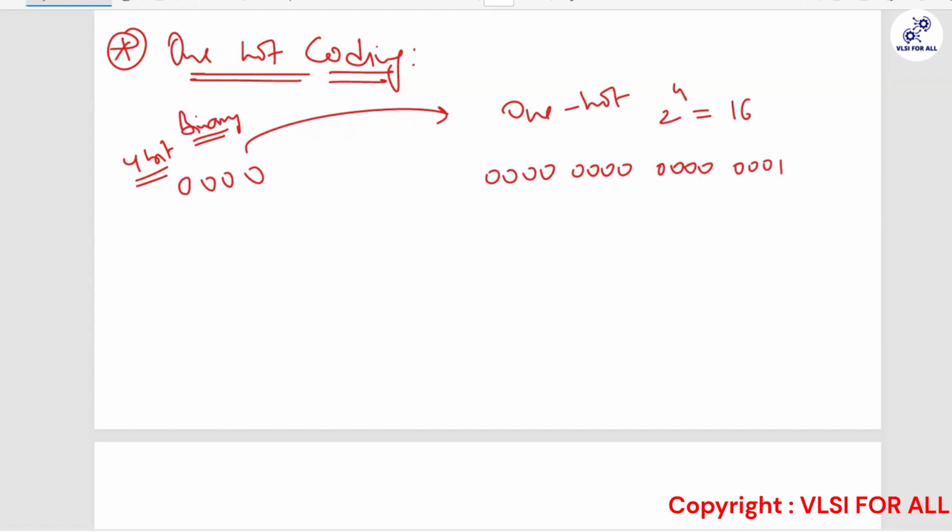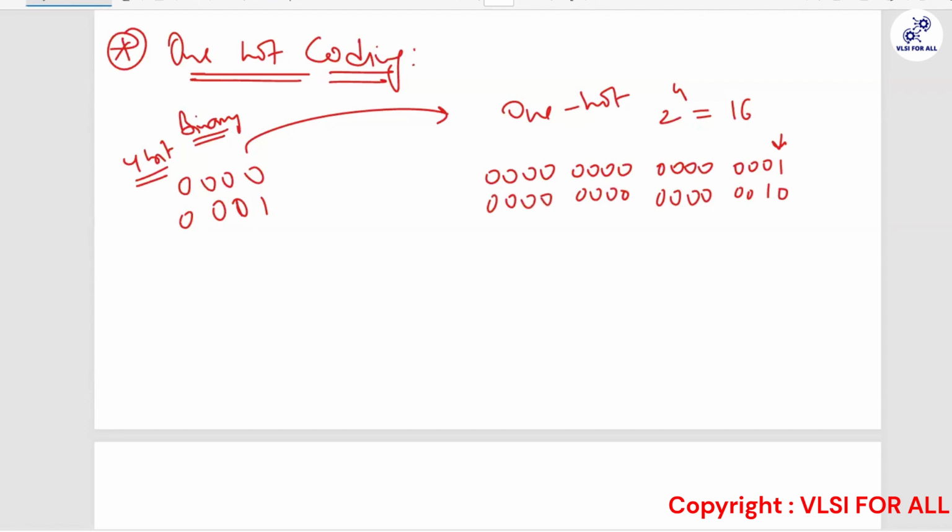So this will be the value. It means the 0th bit will be high if it is 0000, and if it is 0001, then the 1st bit will be high. So the corresponding bit value will be high. So that is your one hot encoding.